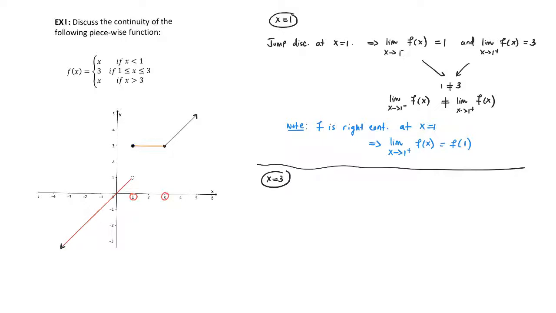I have two-sided continuity. So we will say that f is continuous at x equals 3. How do I know that? Because the double-sided limit as x approaches 3 of f of x exists, and on top of that, it is equal to f of 3. That is exactly the definition of continuity.